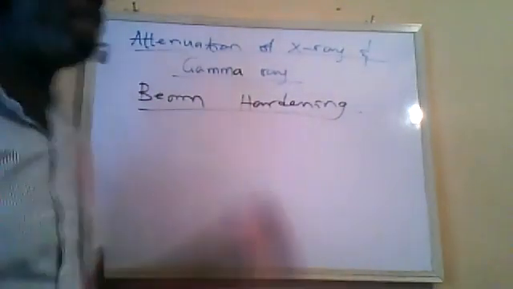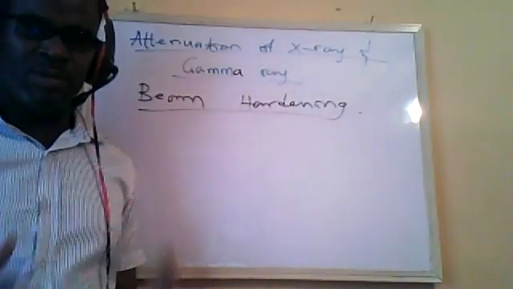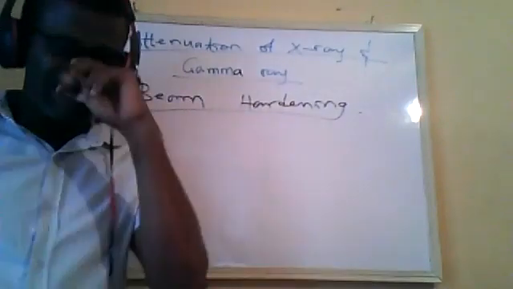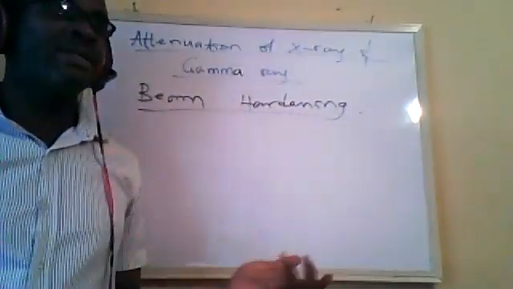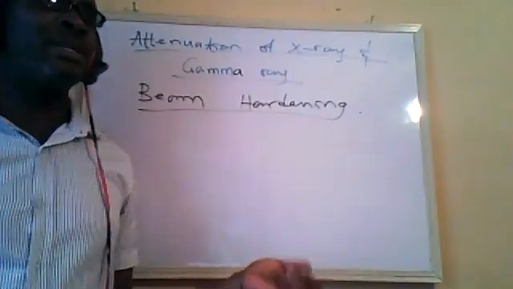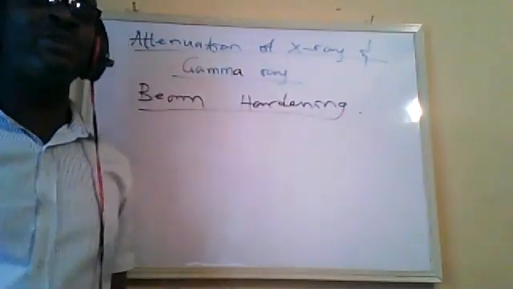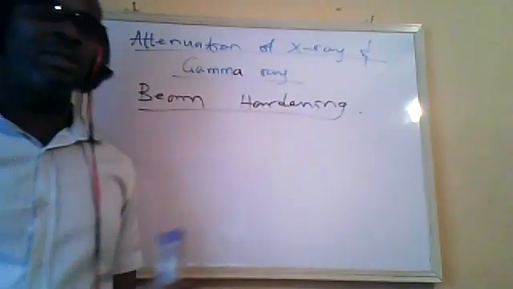So beam hardening: as a photon beam traverses matter, the effective energy increases. How does this happen? A layman might not make any sense of it. You have a vehicle colliding, involved in an accident.